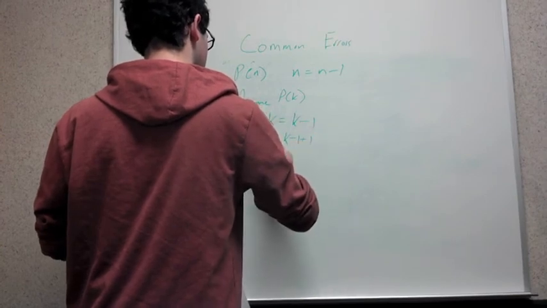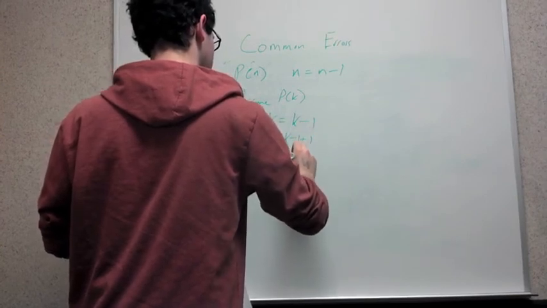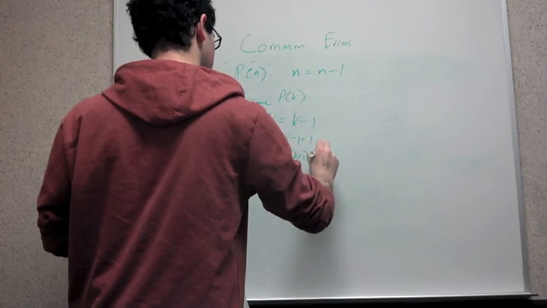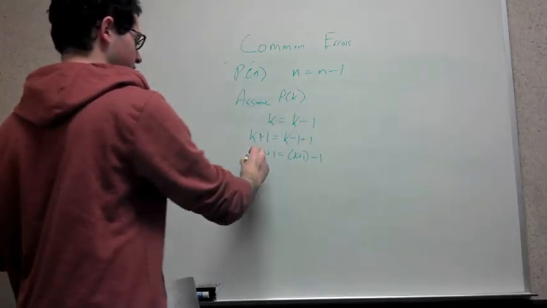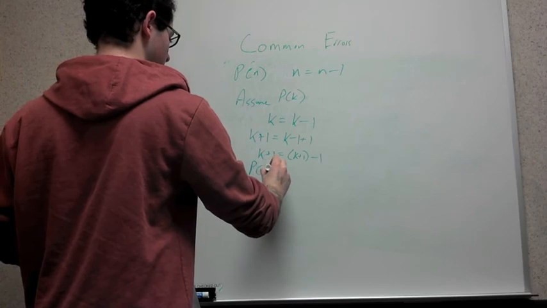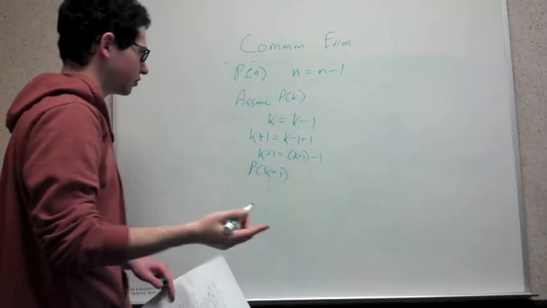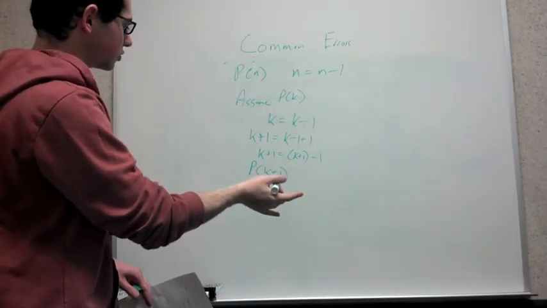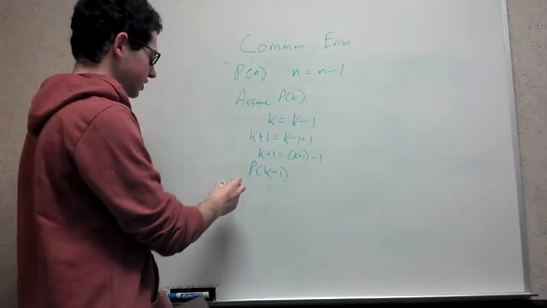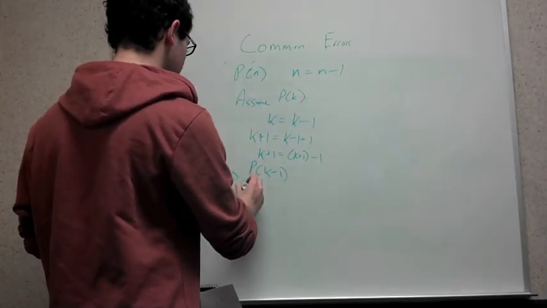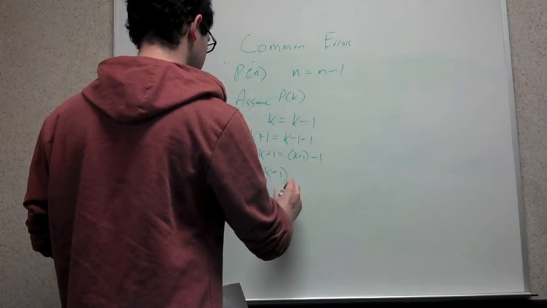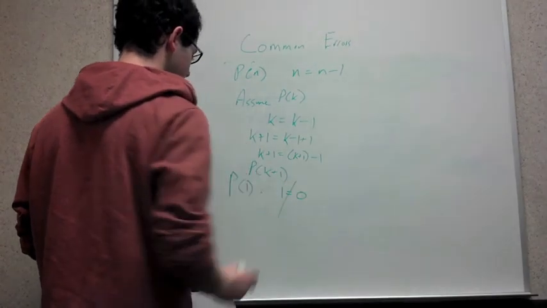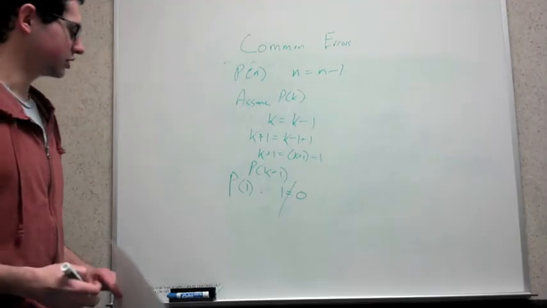We'll say k plus 1 equals k plus 1 minus 1. And we've proved P of k plus 1. So we can falsely conclude that P of n is true for all integers. But what we failed to do is prove a base case. So if we plug in 1, we get 1 equals 0, which is obviously not true. So our induction is invalid.